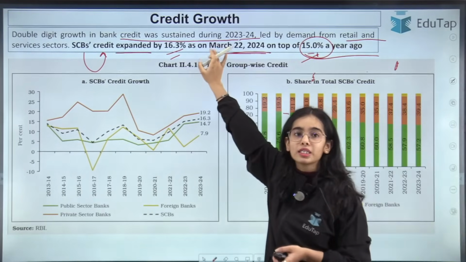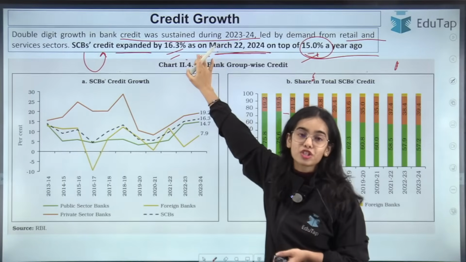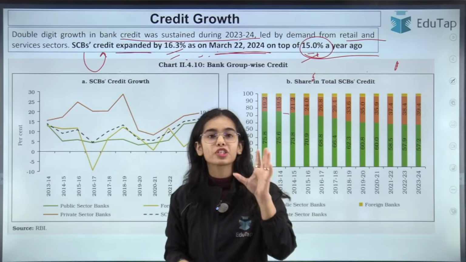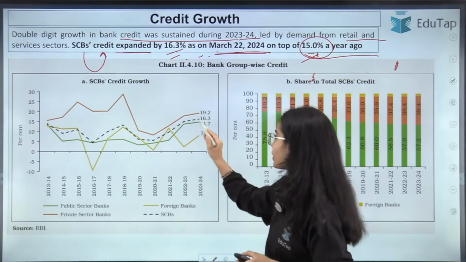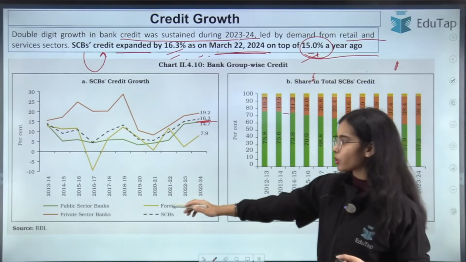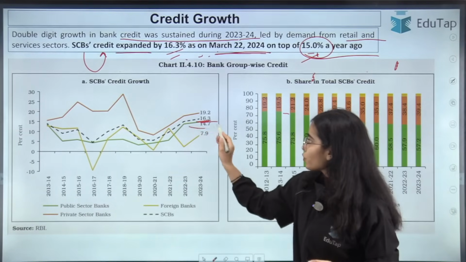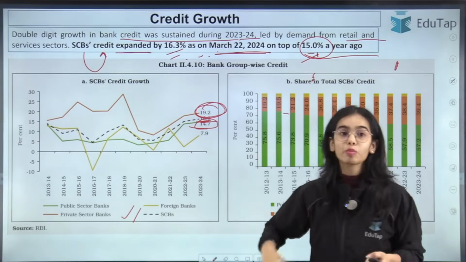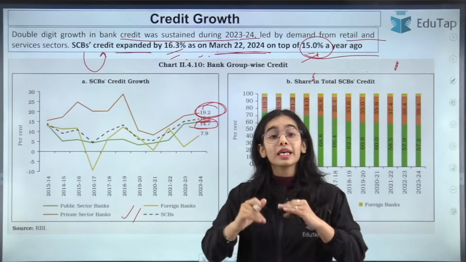In the financial year 23-24 that ended in March 2024, double digit credit growth happened, and it was 16.3% for the scheduled commercial banks. For the different banks, for the public sector banks, it is 14.7%. The private sector banks have seen even higher growth.